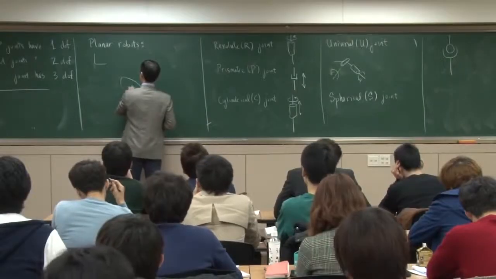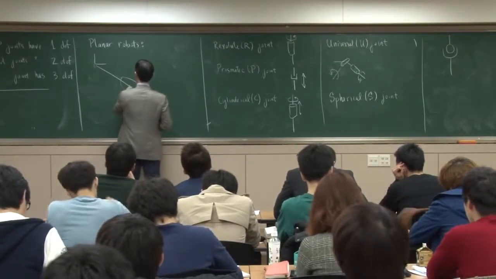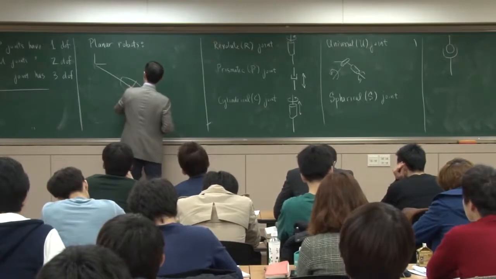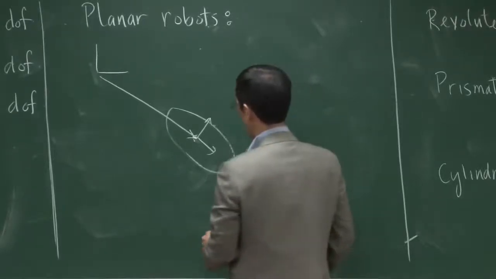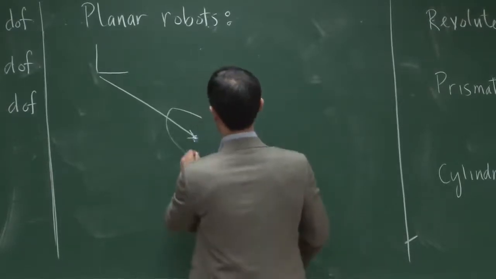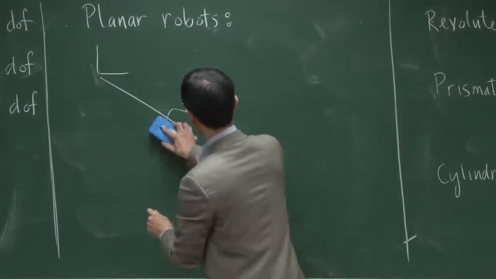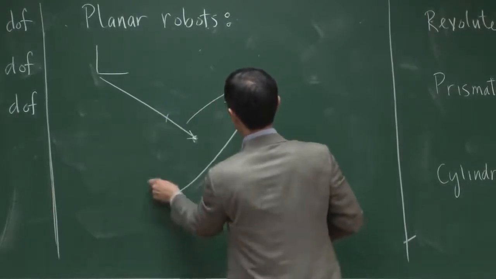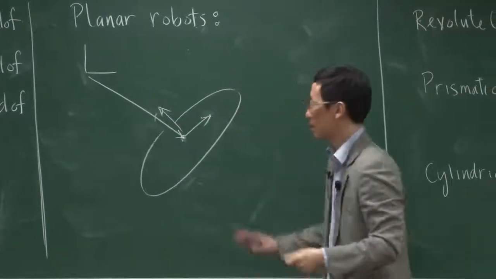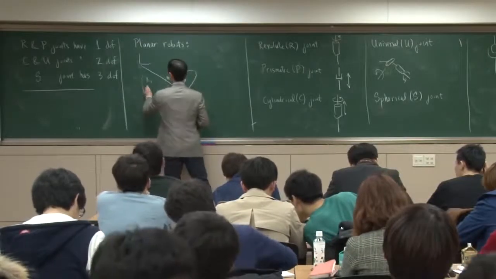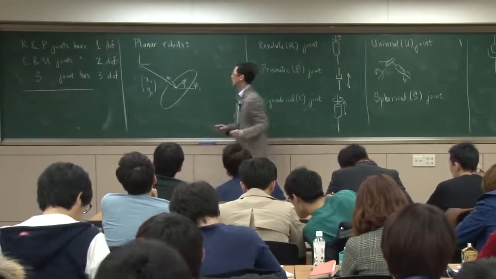If you attach a frame here, for example, then let me draw the frame. Sorry, let me reorient this link a little bit. So the frame would be that way. We need coordinates x1, y1, and this angle phi 1.